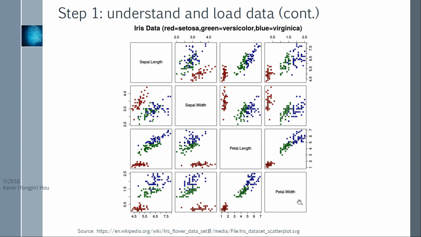Okay, now let's also check the last column. In here, you probably already figured out everything in this column has petal width as the x variable. Since petal width is already the x variable, I cannot have the y variable also as petal width, because if I do that, it doesn't give much information, right? So we'll pick something else as the y variable. In this plot, we're picking petal length as the y variable.